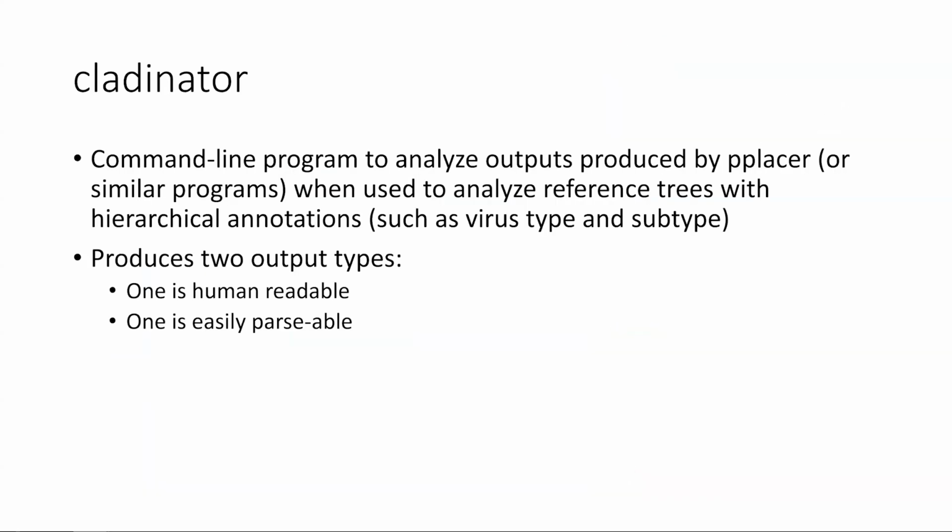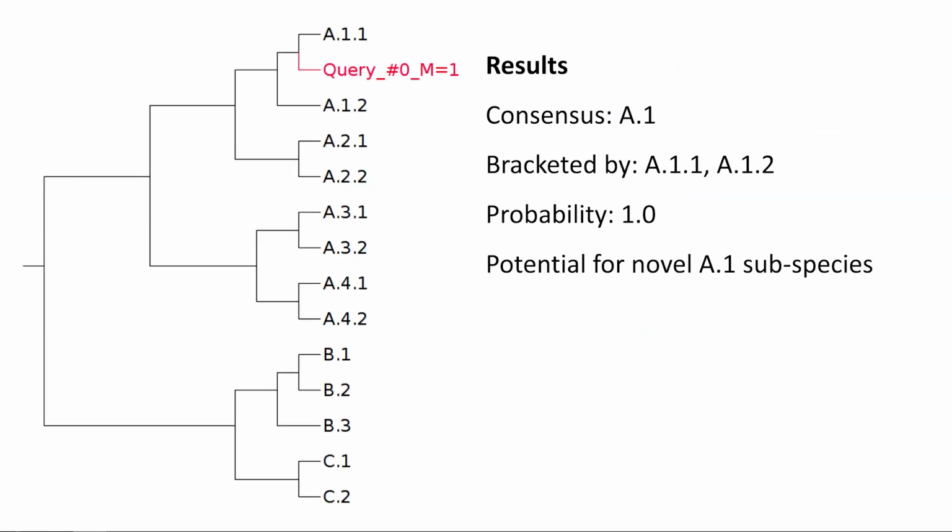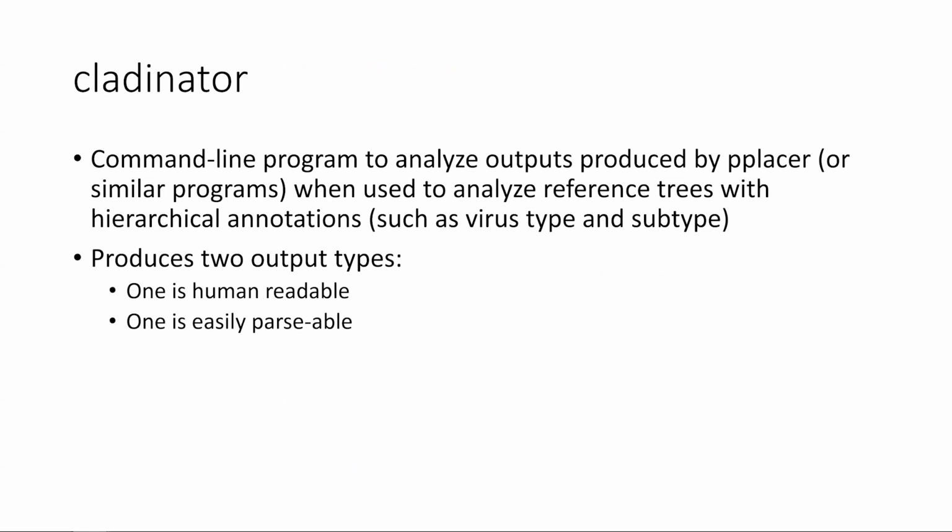As I already said, for this purpose I wrote this program called Clade. It's a command line program. It's not intended that the user run it. It runs behind the scenes, and it usually produces two outputs. One is human readable, and one is easily parsable. Currently I'm working on version 3, and the next couple of slides are what I'm proposing for version 3, how the output should look.